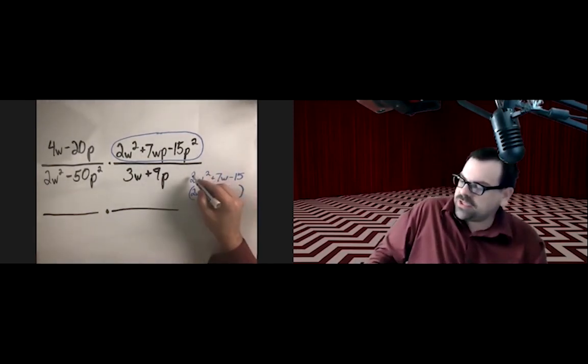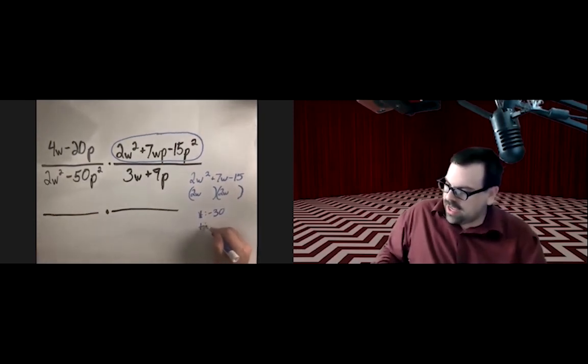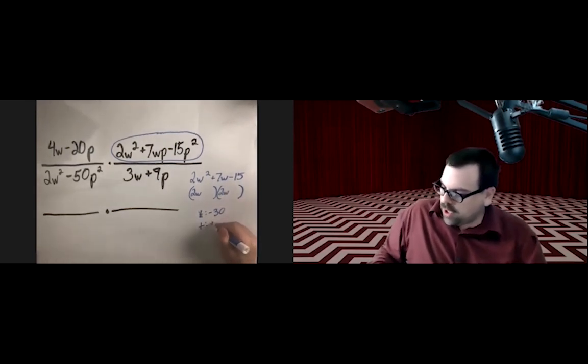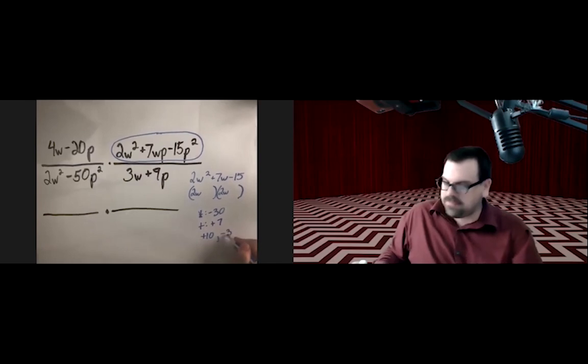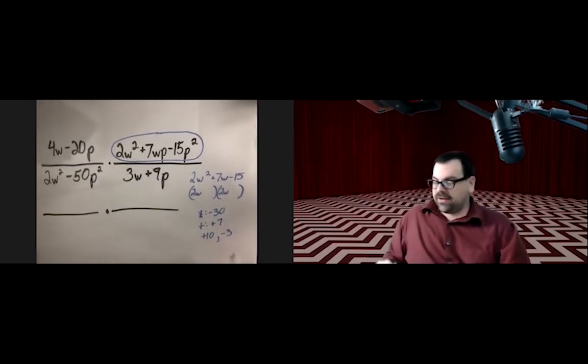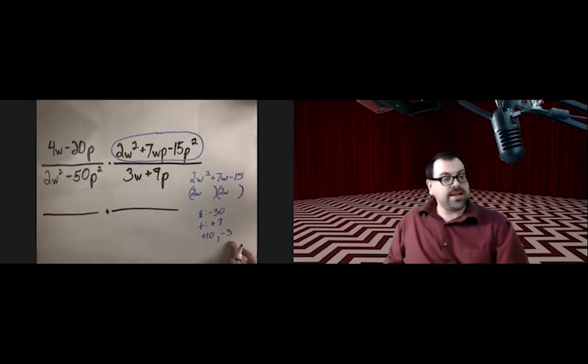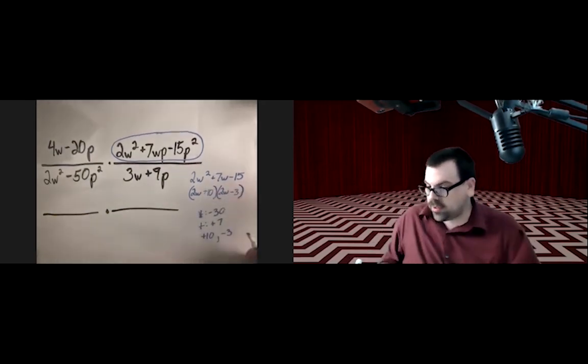We need numbers that multiply to a times c. We need numbers then that multiply to negative 30 and add to positive 7. This is plus 10 and minus 3. 10 times negative 3 is negative 30. 10 plus negative 3, 10 minus 3 is positive 7. We put in our plus 10, our minus 3.